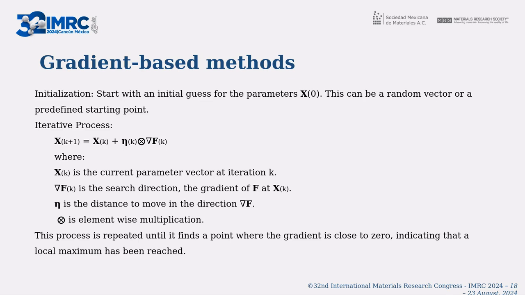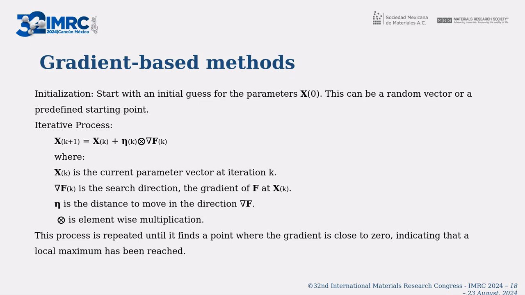To optimize solar cells, we prefer using iterative optimization methods such as gradient-based techniques rather than uniform search. Gradient-based methods are a class of optimization algorithms that use the gradient of the objective function to guide the search for optimal solutions. These methods are widely used in several fields, including machine learning.